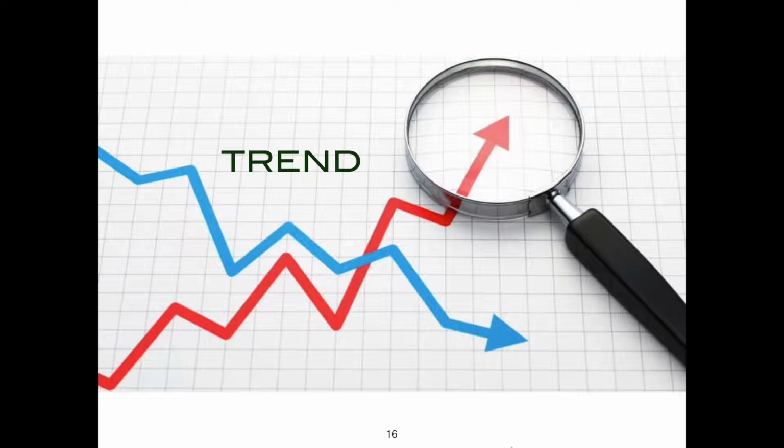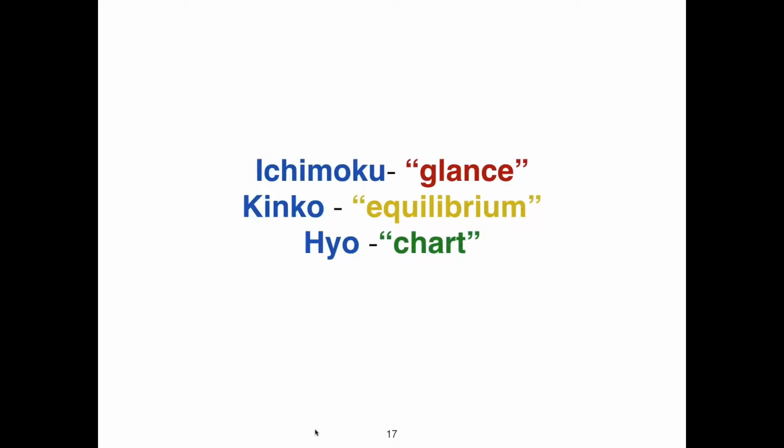So Ichimoku is best used for trending markets and is not as effective for ranging markets or those in a sideways consolidation. Ichimoku Kinko Hyo translates to one glance equilibrium chart. Ichimoku means glance, Kinko means equilibrium, Hyo means chart.